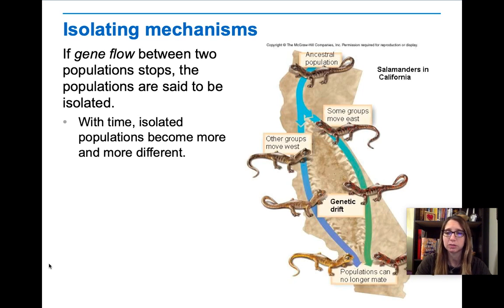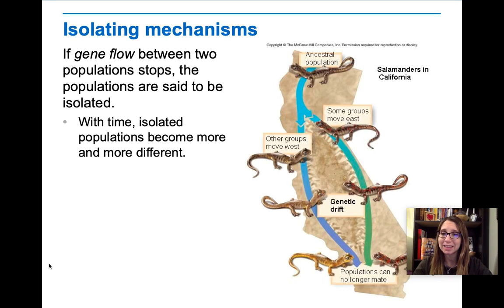And that happens because we have immigration with an I, individuals moving into a population, or emigration with an E, individuals exiting or leaving a population. Now, if we have two groups that maybe started out as one cohesive population, but for whatever reason become separated, immigration and emigration would both stop. And so that would mean we would have little to no gene flow.